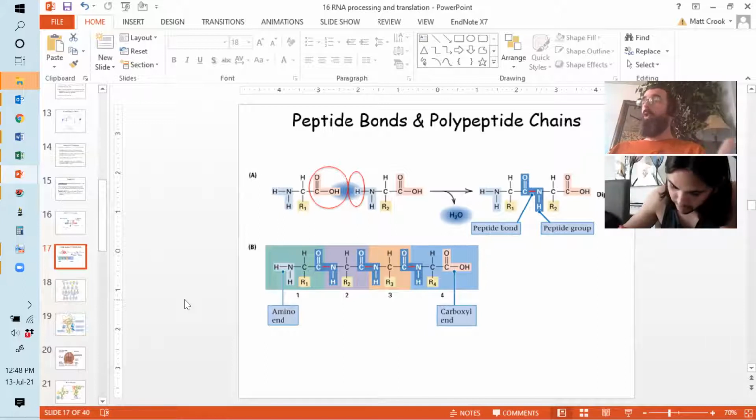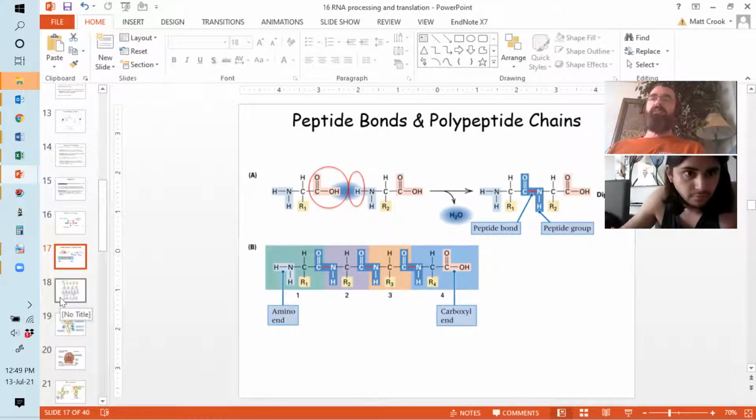And those proteins all do different things: structural, enzymatic, housekeeping, scaffolds for other things, all kinds of stuff, molecular motors. It's quite astonishing.